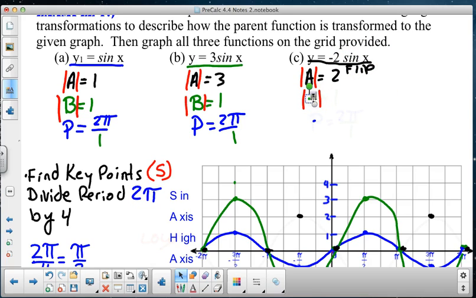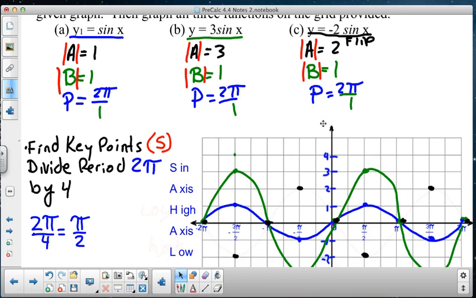I have a b of 1 still. B is 1, and my period is 2 pi, and in the future I'm going to take my b value and divide it into 2 pi and be able to either shorten or lengthen my period based on that. And I'll divide that period length into 4 equal parts, and I'll be able to graph my curve.